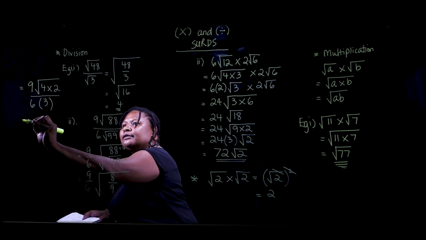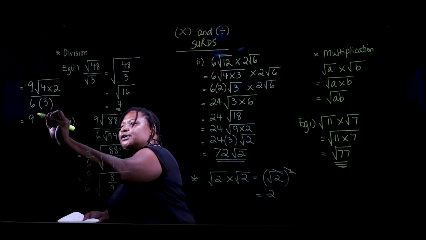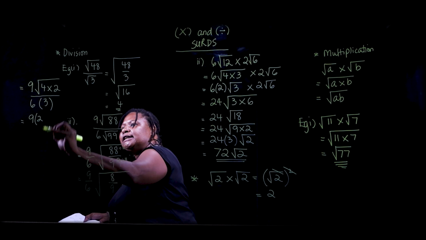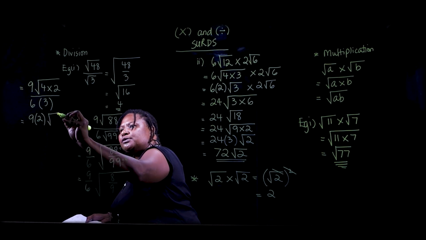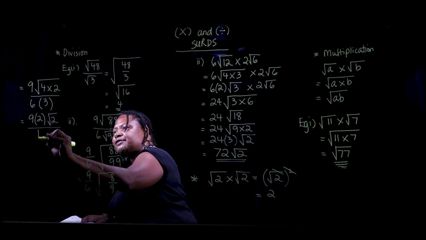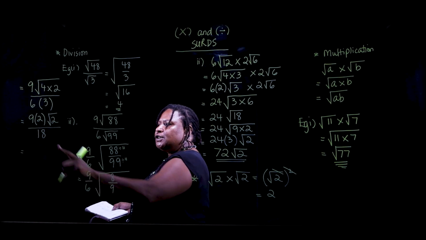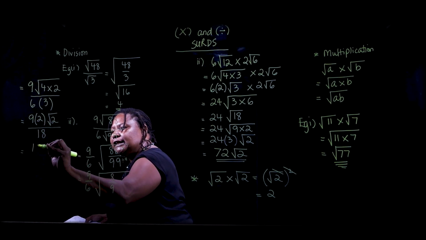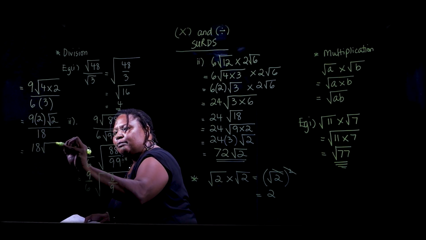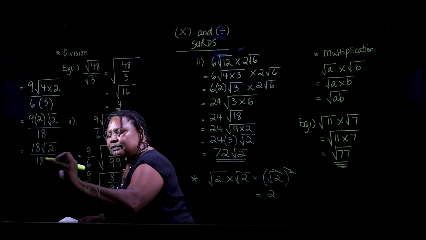Square numbers here will come out, so 9 times 2 root 2 over 6 times 3, which is 18. So 9 times 2 is 18, multiplied by root 2, divided by 18.